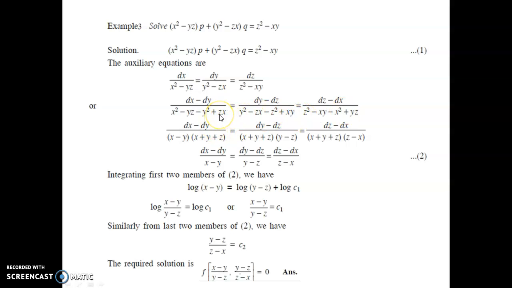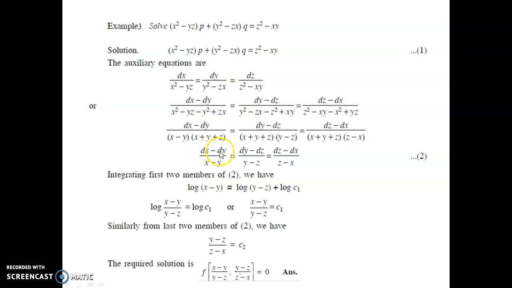Because if you simplify this, you get x minus y common, x plus y plus z, here x plus y plus z, here x plus y plus z. So throughout, x plus y plus z will be cancelled out, and here you are getting x minus y, y minus z, z minus x, and it becomes an easily integrable function. How?